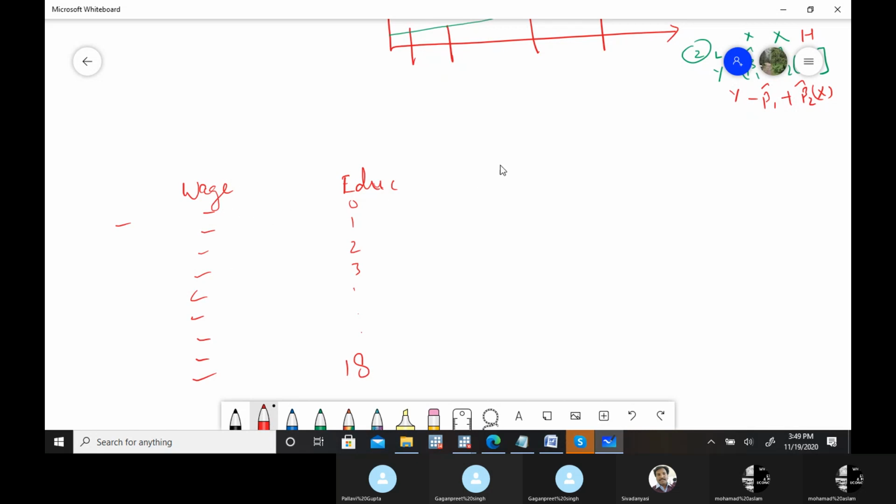But let's suppose this is not individual data. You have district-wise data or state-wise or country-wise or village-wise.